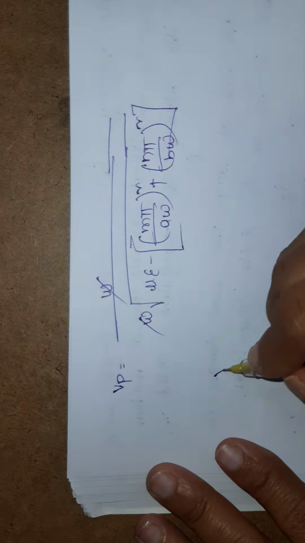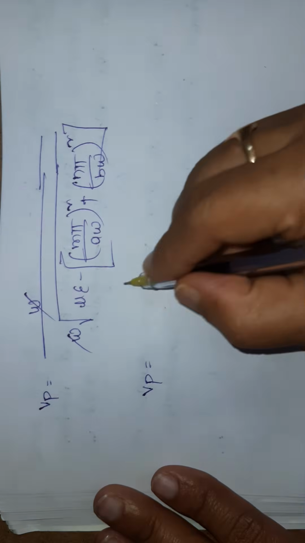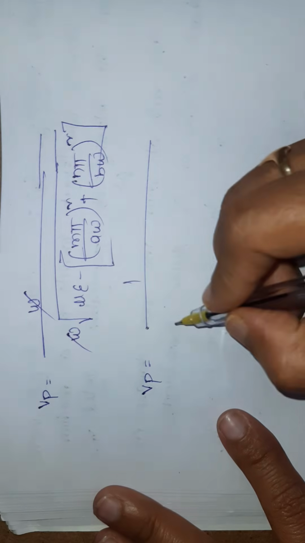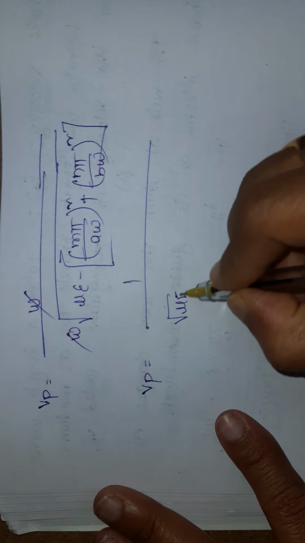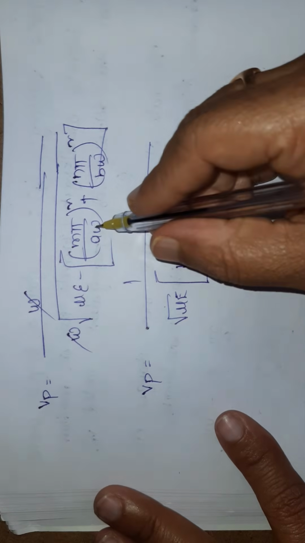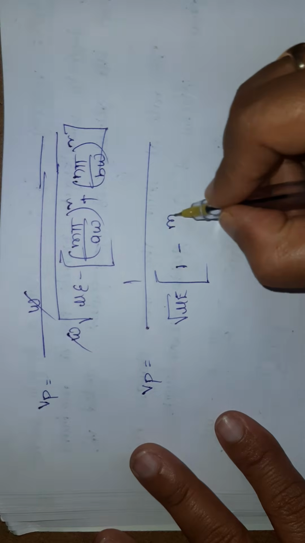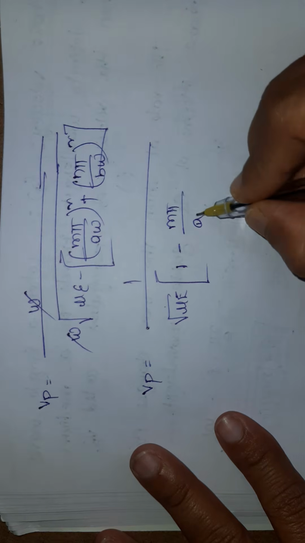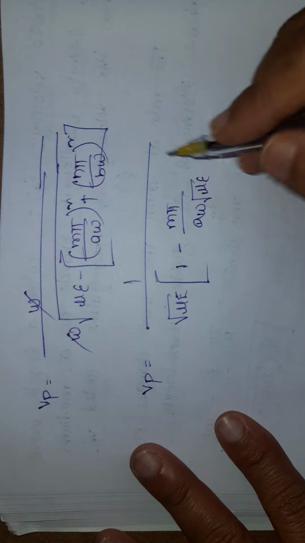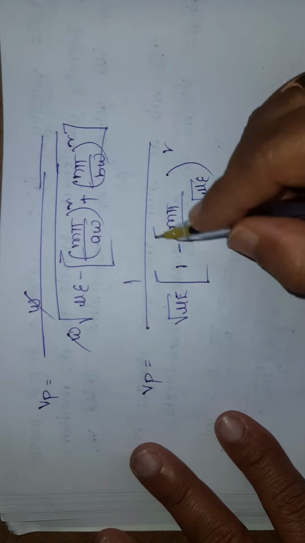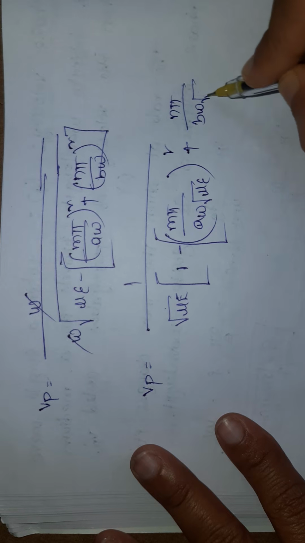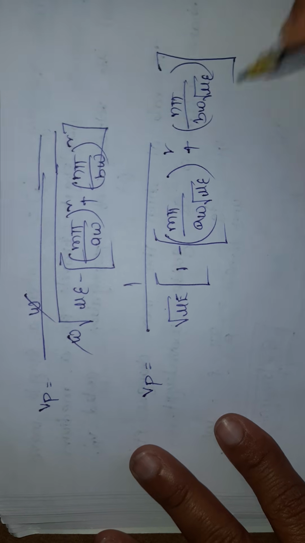And this omega gets cancelled, and again I am taking the square root of mu epsilon as common. I will get 1 by square root of mu epsilon, times the square root of 1 minus m pi by a omega square root of mu epsilon, whole square, plus n pi by b omega square root of mu epsilon, whole square.